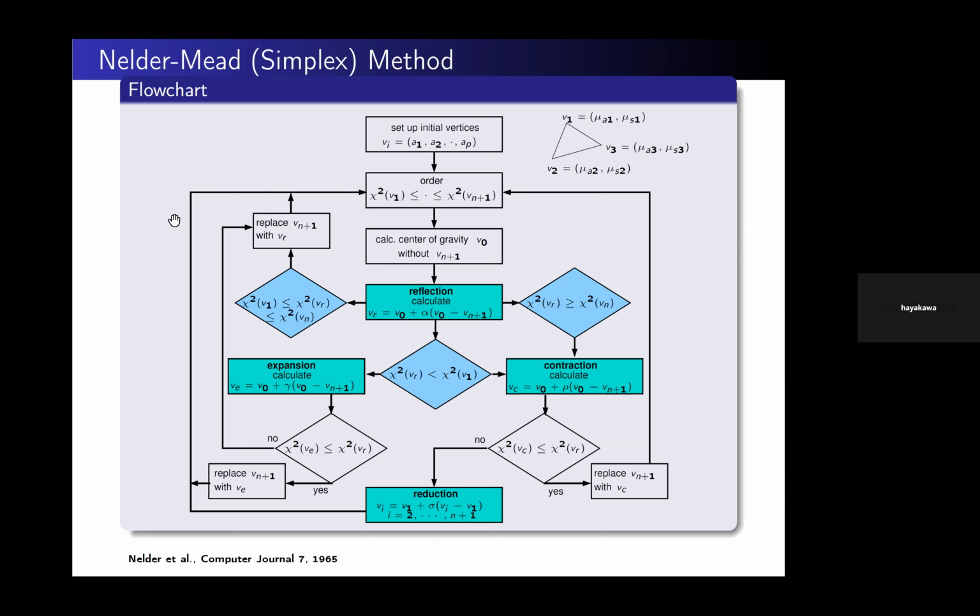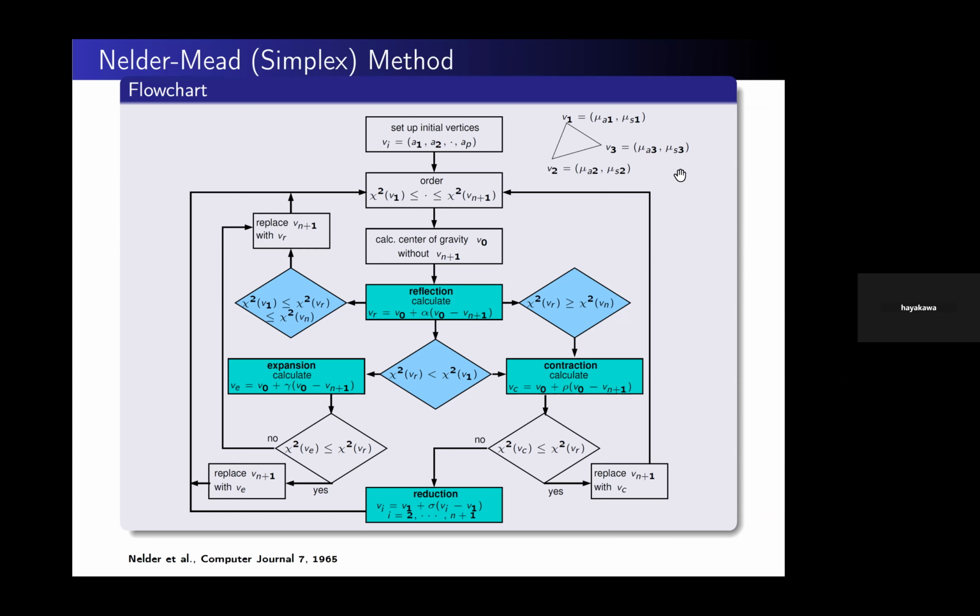Then what you do is you create a geometric shape with 3 vertices. So it's easy to see here as a triangle. If you had 3 parameters that you're seeking, then it would be a quadrilateral and so on. So it's a fairly general method.